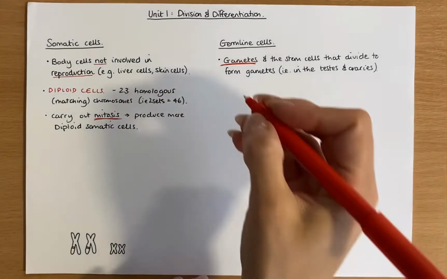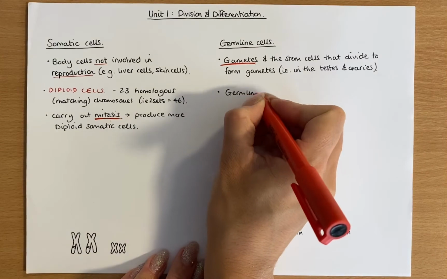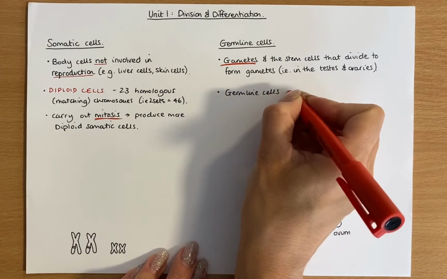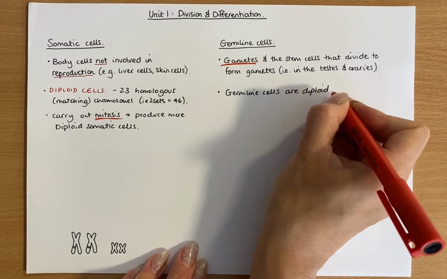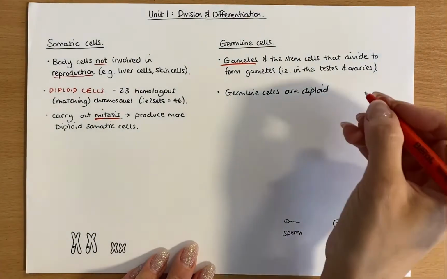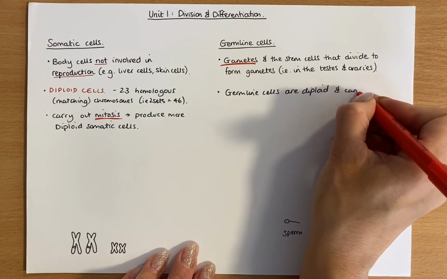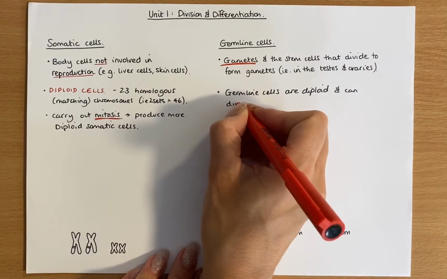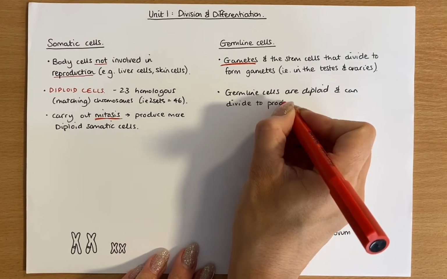Okay, so initially germline cells are diploid. Okay, so the cells that would produce the gametes in those testes and ovaries are diploid. But they can divide to produce either copies of themselves, which are diploid, or they can produce the gametes.